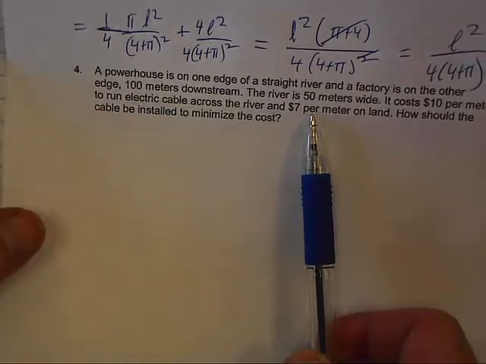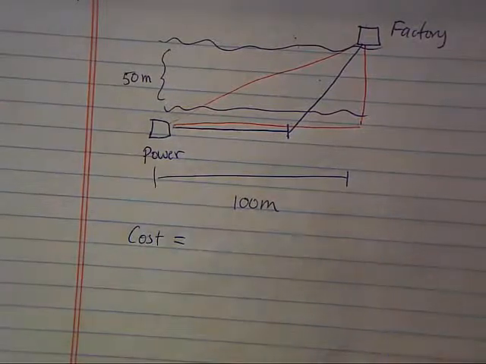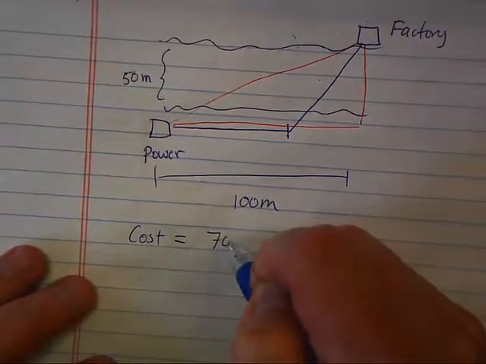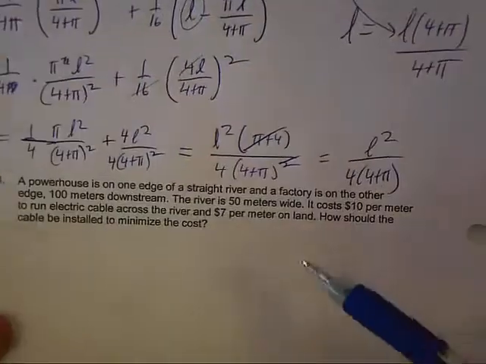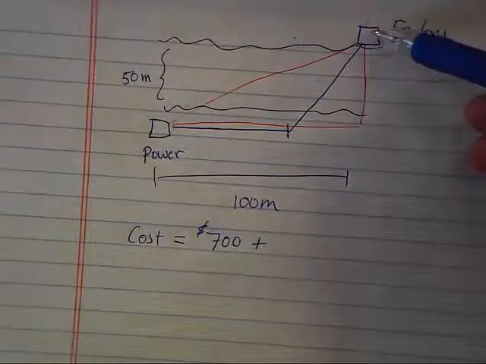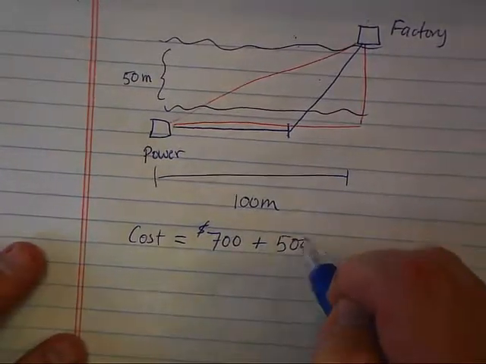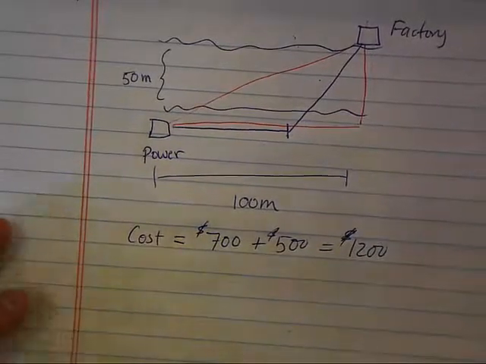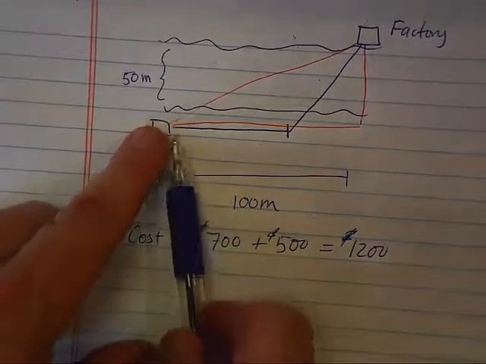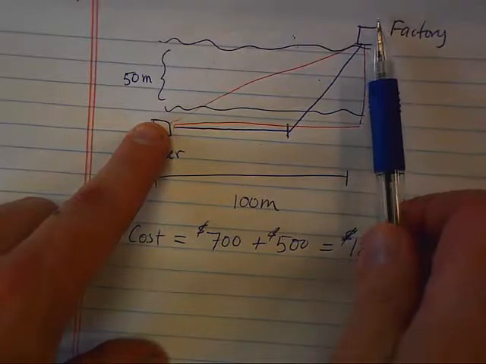So if it's $7 per meter and it's 100 meters, that's going to be $700. Plus, to go across the river, it's $10 per meter. So that would be 10 times 50, which would be 500. So it would cost $1,200 to go all the way down the river and then straight across.